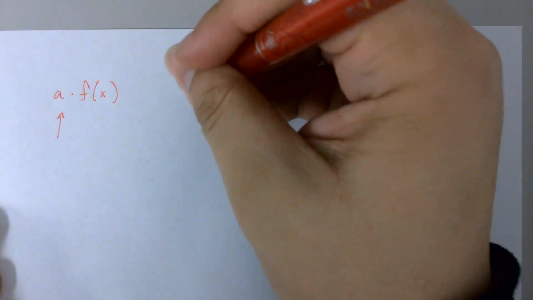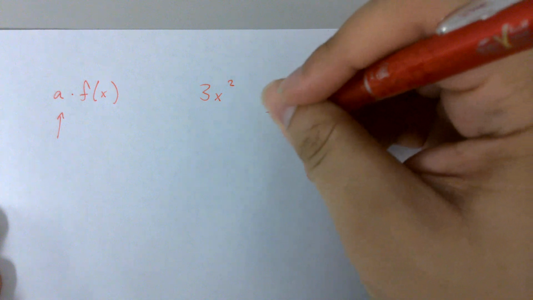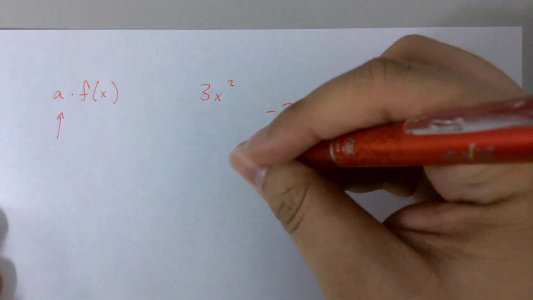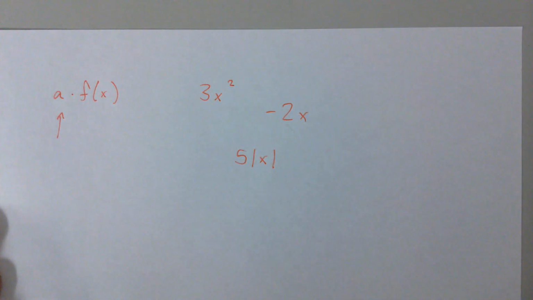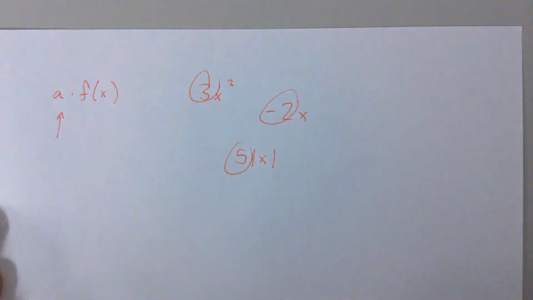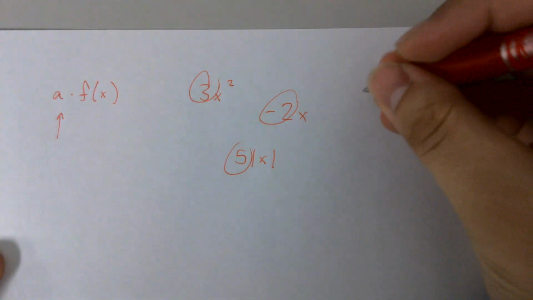So if we see something like 3x squared, negative 2x, 5 absolute value of x, any of these things where we have some number being multiplied in front of a parent function, this is going to be a vertical dilation, and these can also be fractions as well.